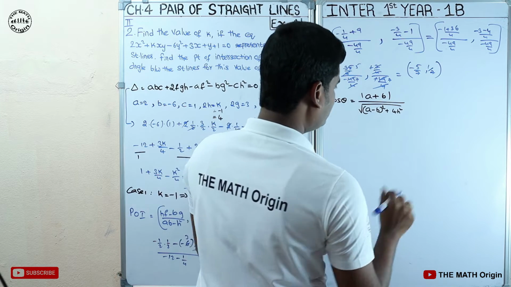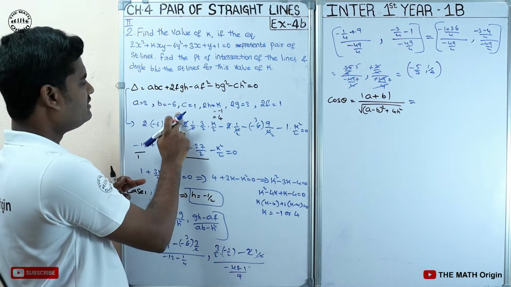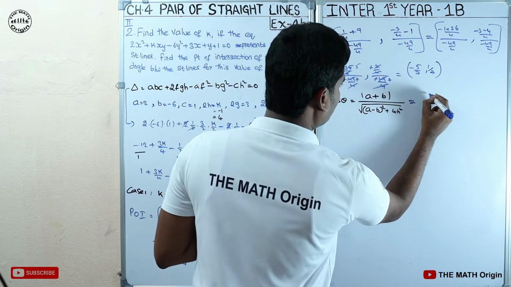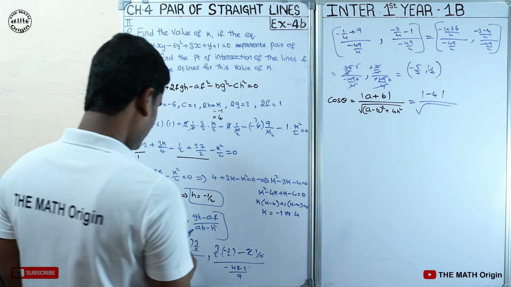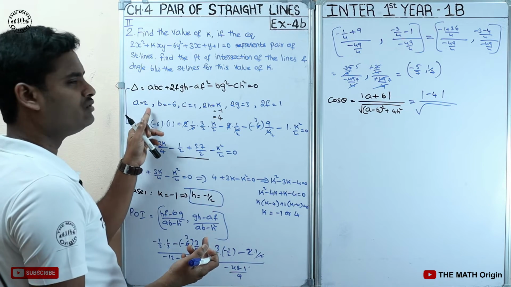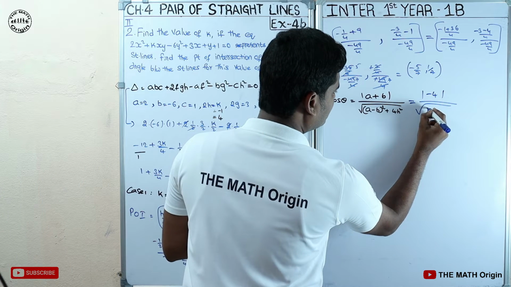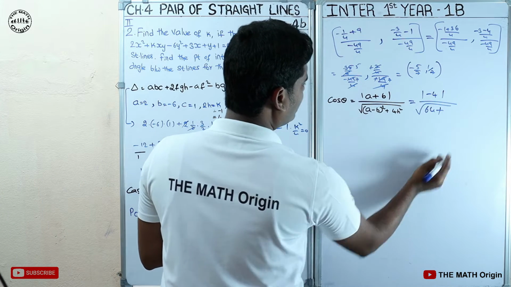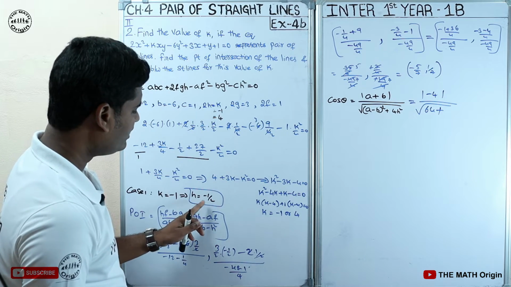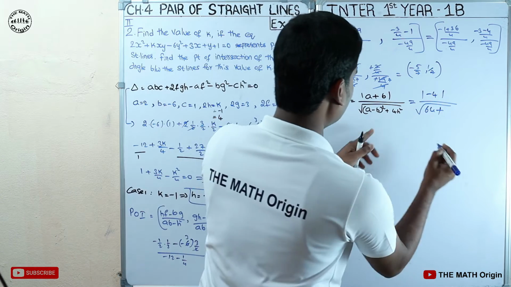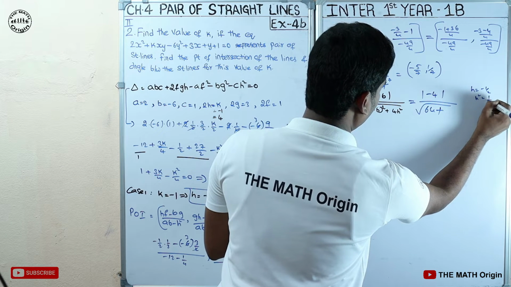Here let's substitute the values. What are the values? a plus b is -4, whole divided by root of (a minus b) whole square. a minus b means 2 minus of -6 is 8, 8 squared is 64, plus, h value is -1/2, h square is equal to 1/4.